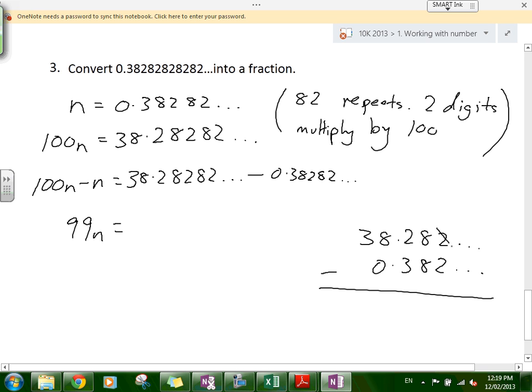If we do it carefully, 2 minus 2 cancels, 8 and 8 cancels. Now we have to subtract. What's 38.2 minus 0.3? I take 1 off the 8, so we go to 7, and I add it to this 2, so that becomes 12. 12 minus 3 is 9, and 7 minus 0 is 7, so 37.9 is what we end up with.